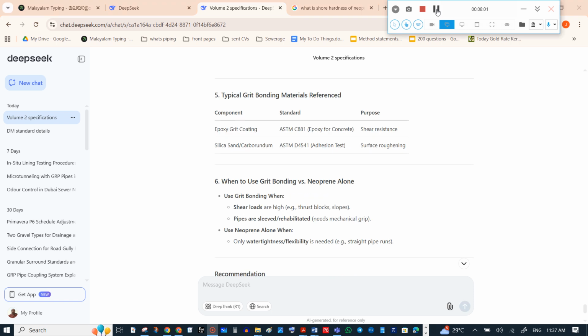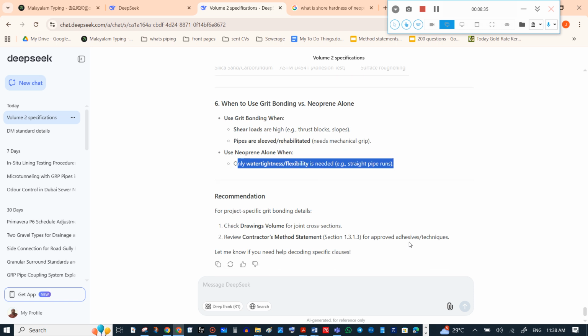Epoxy grid coating material and silica sand or carborundum material. It is for surface roughening, and grid bonding coating is for shear resistance. When to use grid bonding, or use neoprene alone? Use grid bonding when the shear loads are high, like thrust blocks, slopes, etc. Pipes that are sleeved and rehabilitated need mechanical grip. Use neoprene alone when only water tightness or flexibility is needed, like straight trunk pipelines. So this is the grid bonding and the neoprene.